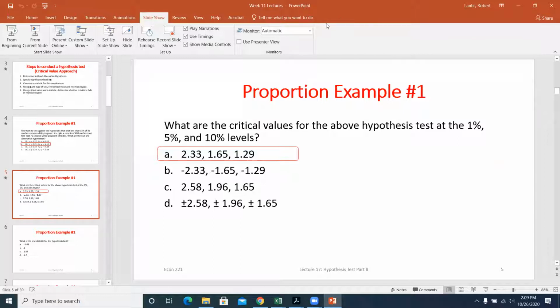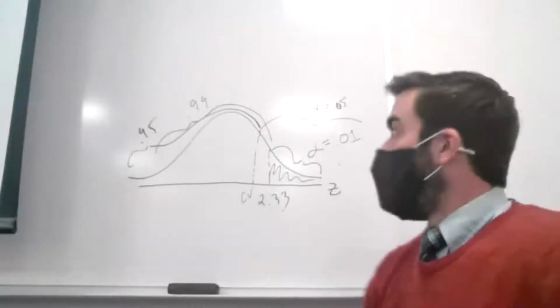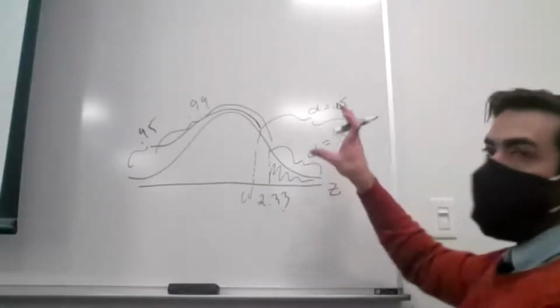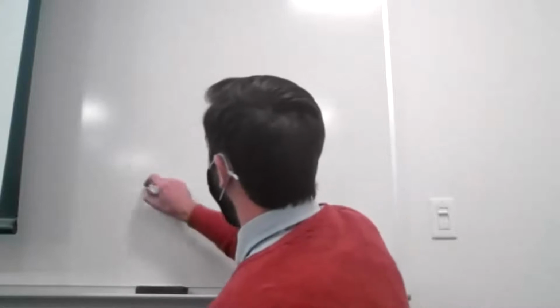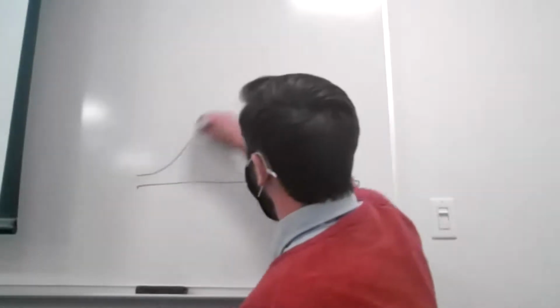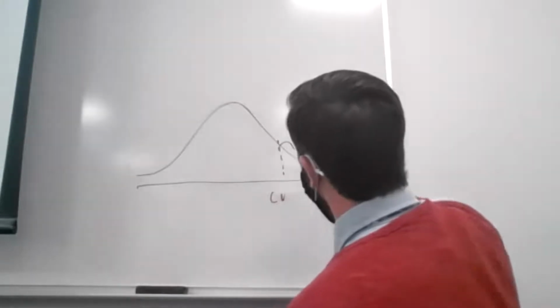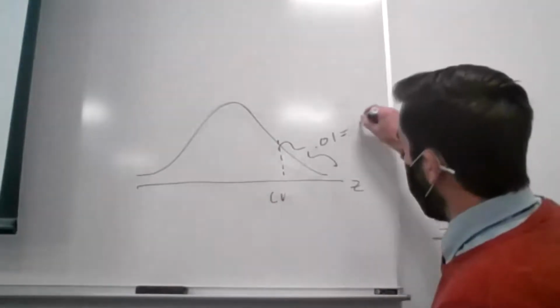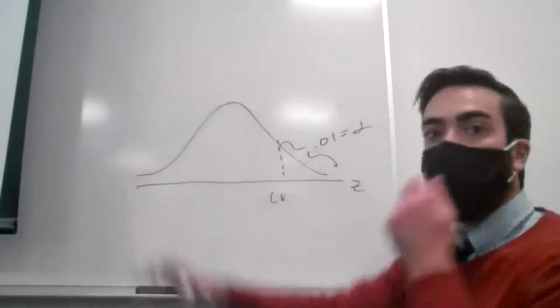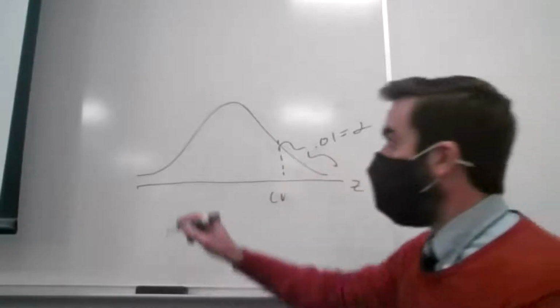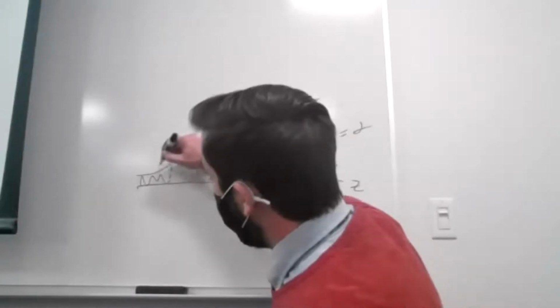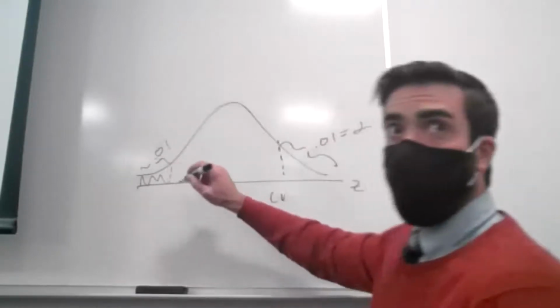Now, I could have done this another way. Whatever way makes the most sense to you, I would say choose that one. But instead of thinking, okay, I want alpha in the right tail, so what area is to the left? Because when I go to the tables, I have to look up the area to the left. If I would have simply looked up alpha, so let's say I did that first one where alpha was 0.01, I wanted to find that critical value. If instead of looking up 0.99, I had just looked up 0.01 in the table, what I'm really doing is looking up what value would give me 0.01 in that left tail.